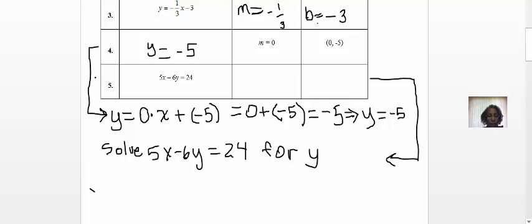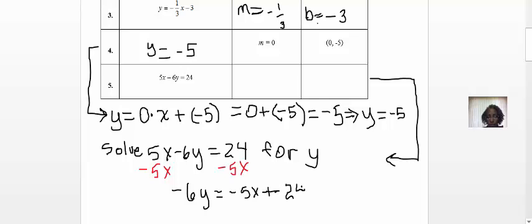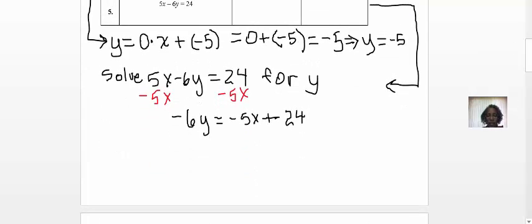So we're going to do that by subtracting 5x or adding a negative 5x to both sides of the equation. So negative 6y equals negative 5x plus 24. Remember, to subtract 5x is the same as adding a negative 5x.